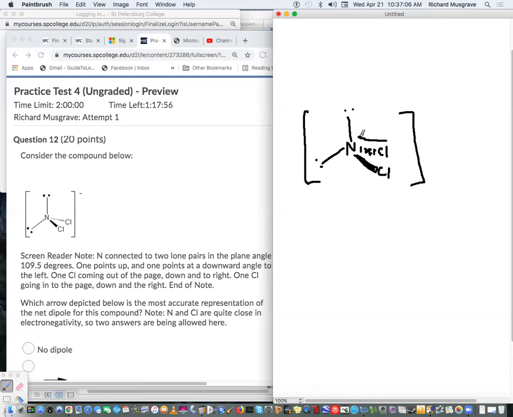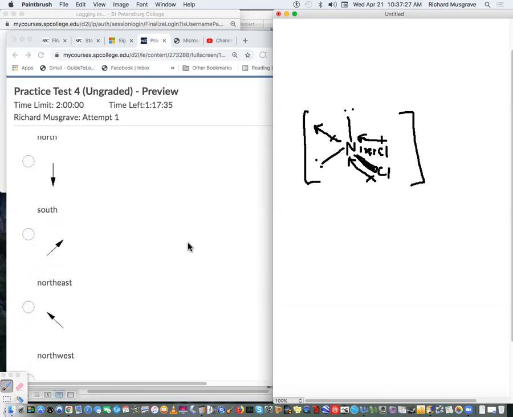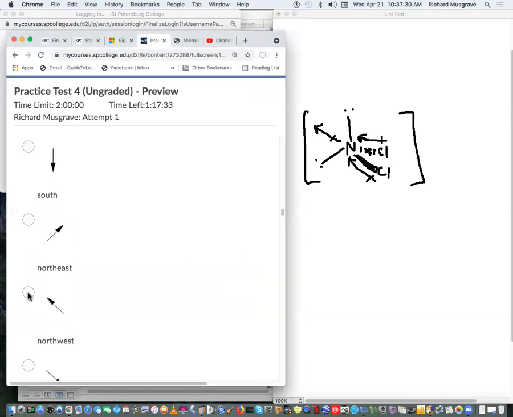Nitrogen's more electronegative than chlorine. And the net dipole then is going to go up and in between the two. It would be northwest, right? That would be the one you'd choose. So it'd be this one here.